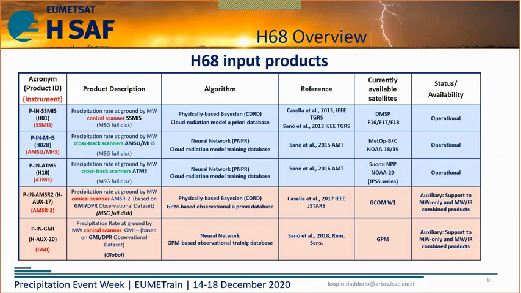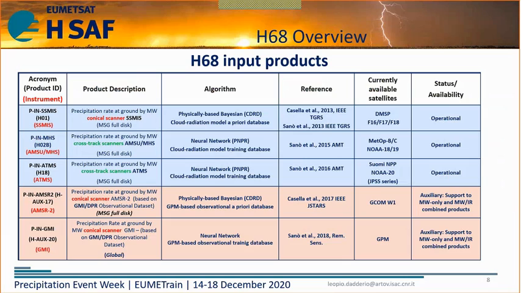Let's have a quick look at the H68 input products. As I said, 5 products. On the first column, you can see the acronym, the product ID, and also the instrument from which they are derived.